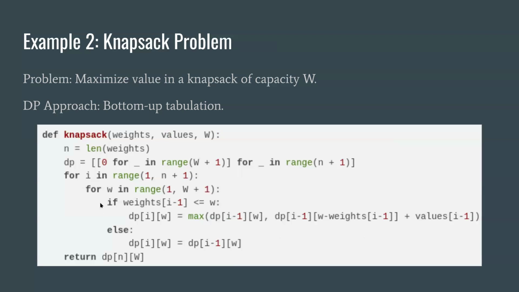Similar to the Fibonacci sequence example that we saw, we're going to use a bottom-up tabulation approach. That means we will iteratively fill this table using the state transition relation. So we're ensuring that we consider whether to include each item in the knapsack or not.